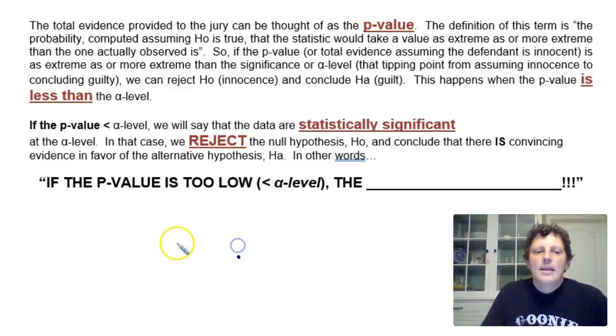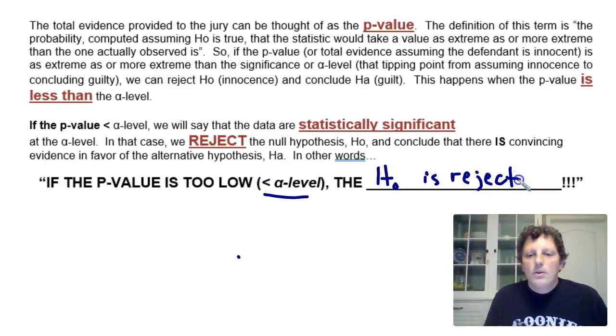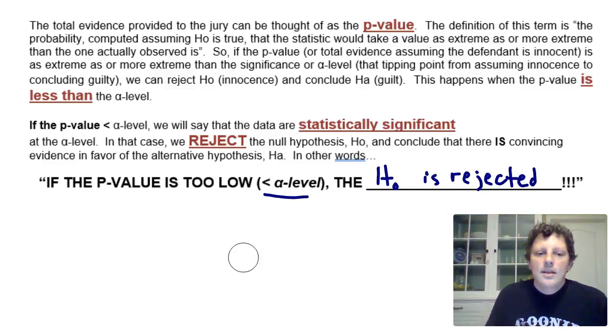In other words, if the p-value is too low, less than 5%, less than whatever that alpha level is set at, then the null hypothesis is rejected. And if you're a scientist, that's an exciting thing when you're doing research and you realize that you have statistical significance. That's when you get excited. Maybe you can publish it if that happens.